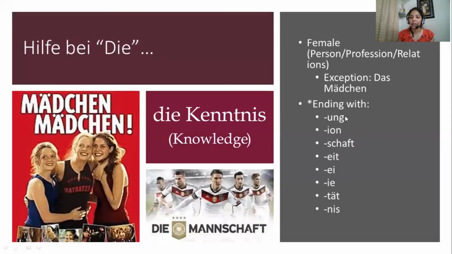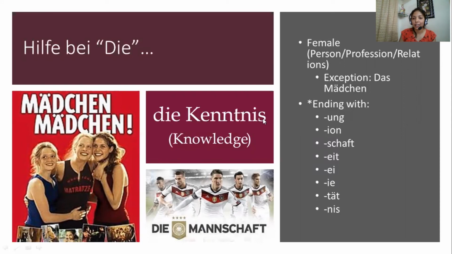Again, let's check with the endings. If the suffix is -ung, -ion, -schaft, -keit, -ei, -ie, -t, -ät, -nis, mostly the endings with all these suffixes have the article die. So let's have a look. It is die Kenntnis. It is die Mannschaft. The article is die because the ending over here is -schaft.